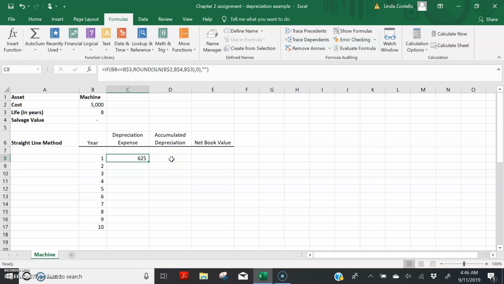In cell D, I want to make the formula prior depreciation, so D7, plus current year expense, C8. I want to round that, and I also need to make sure that I have an if statement. If I don't have that if statement, then strange numbers are going to pop up down here in years 9 and 10.